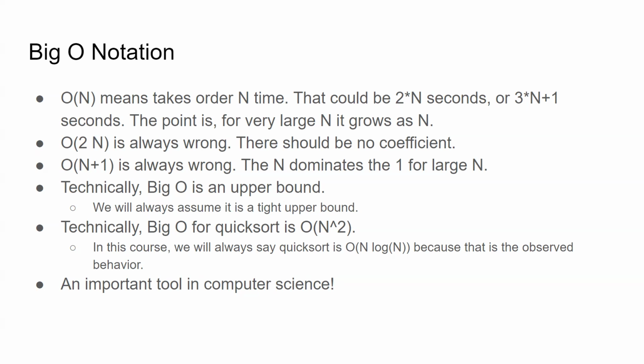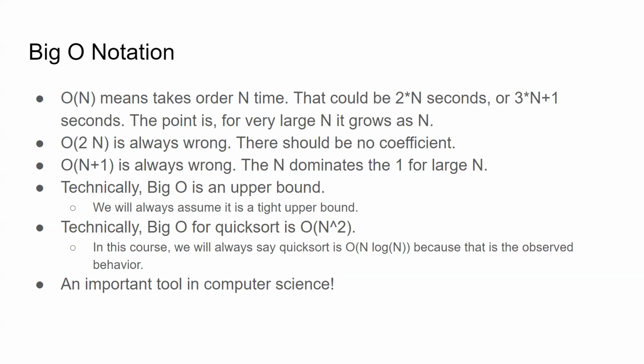Okay, so technically, big O is an upper bound, but we will always think of it as a tight upper bound. We're always going to say that's the behavior of the function. And you can get into more details about these things in later computer science courses. We're still an intro course here. Yay. So technically, the big O for quick sort is order n squared because of a worst case analysis.